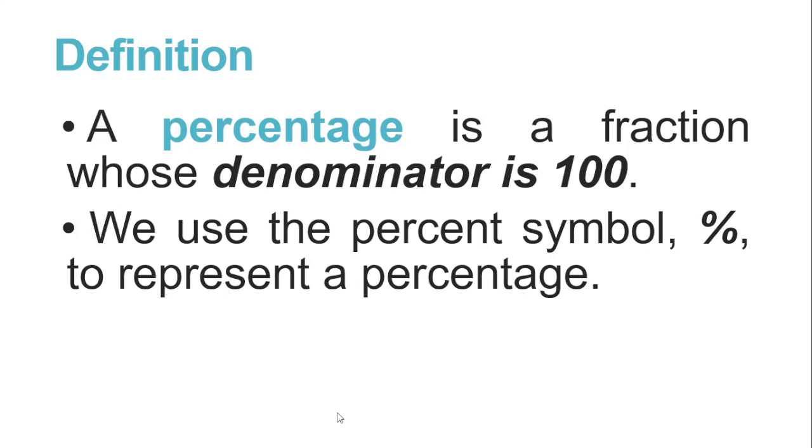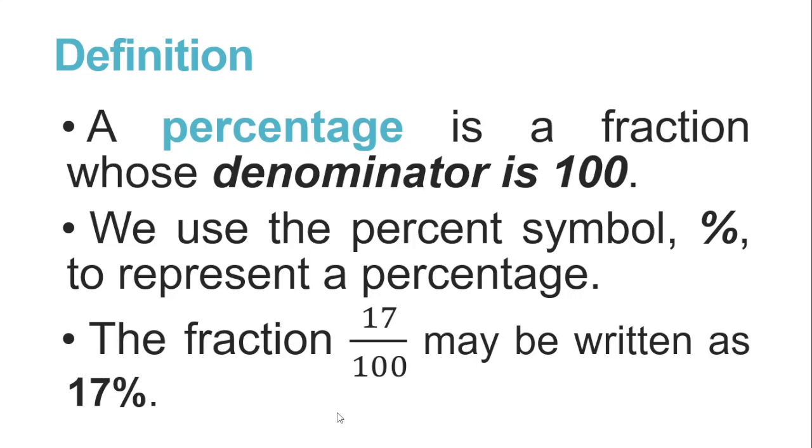For example, we have a fraction of 17 over 100. It can be written as 17%, since a percentage has a denominator of 100. If we go from percent to fraction, say 21%, the fraction will be 21 over 100. So always keep in mind the denominator of a percentage is always 100, nothing else.